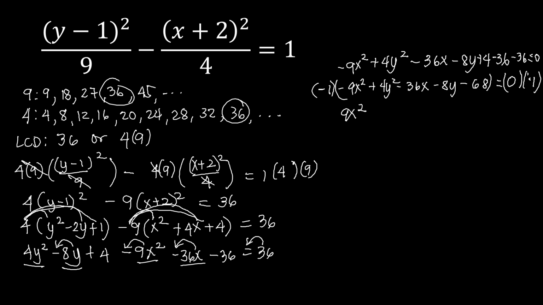And then from plus 4y squared, that will become minus 4y squared. And then from minus 36x, that will become plus 36x. And then from minus 8y, that will become plus 8y. And then from minus 68, that will be a plus 68. And that's equal to 0 still. So that will be now our general equation of our hyperbola.